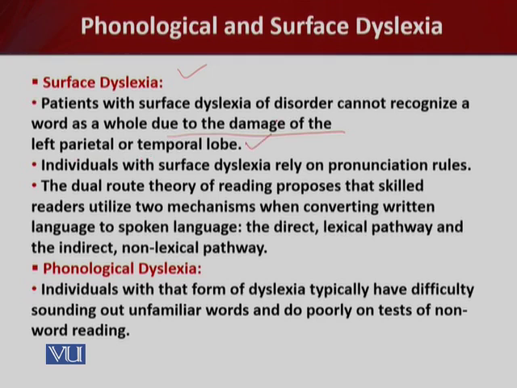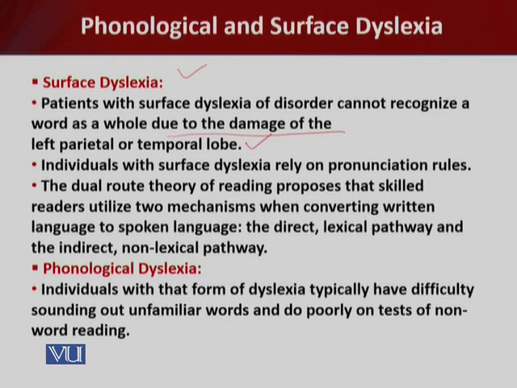So this happens because some damage or injury is done in the left parietal or temporal lobe of the brain. Individuals with surface dyslexia are unable to recognize a word as a whole and retrieve its pronunciation from memory. Rather, they rely on pronunciation rules.